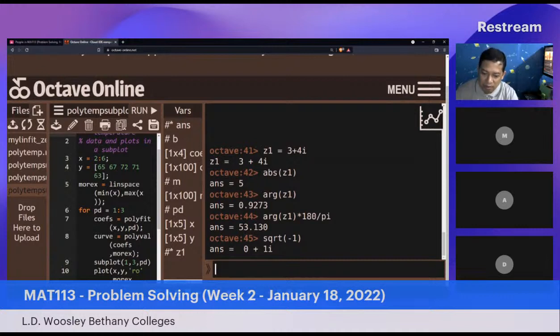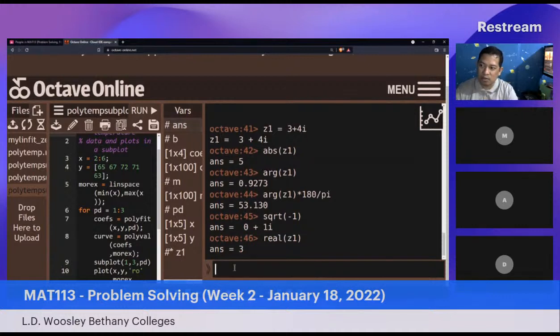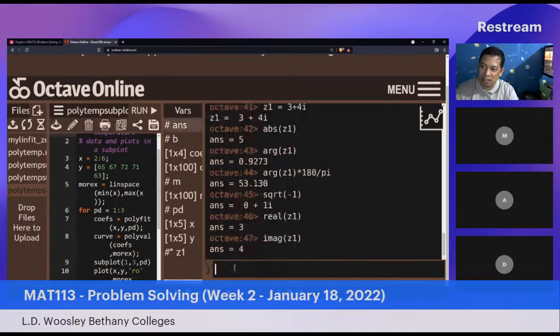Now, how will you recover this? From Z sub 1, we could say that the real part of Z sub 1 is equal to 3, and the imaginary part of Z sub 1 is equal to 4, regardless of whether you are showing the rectangular form or the polar form.